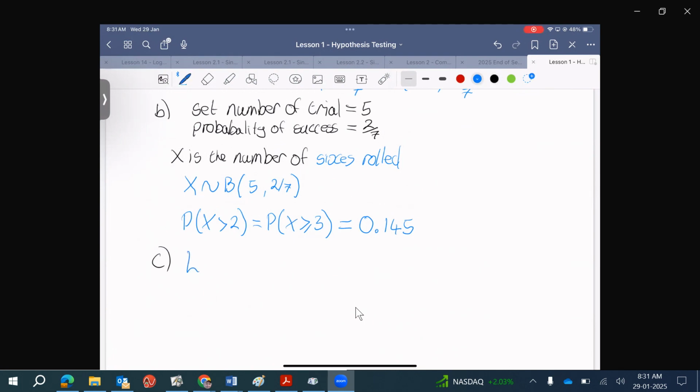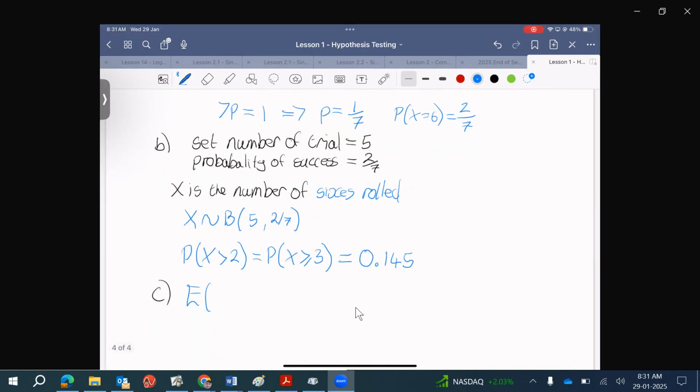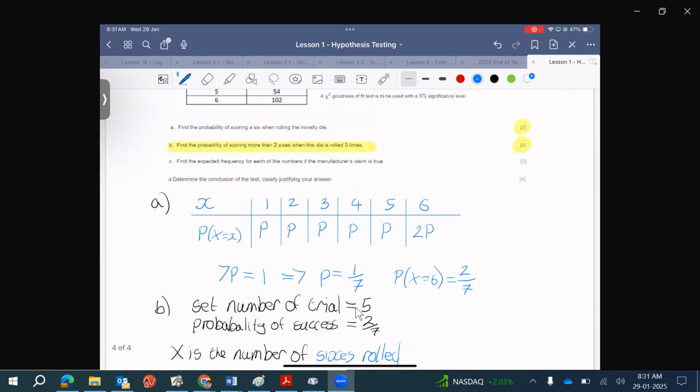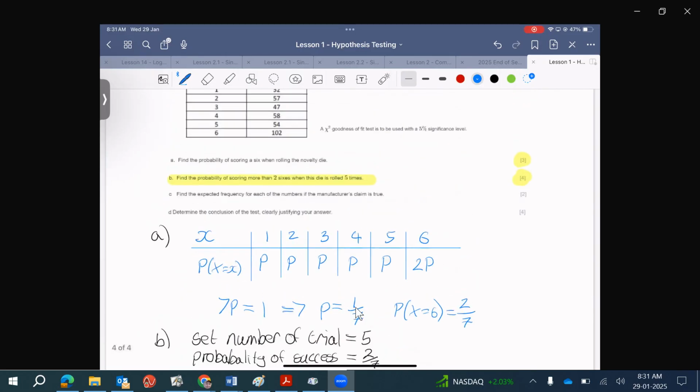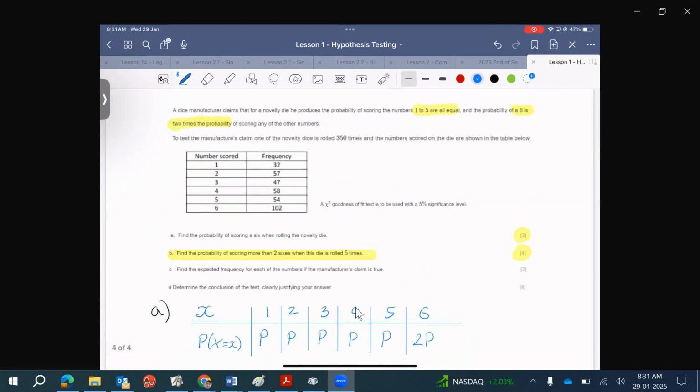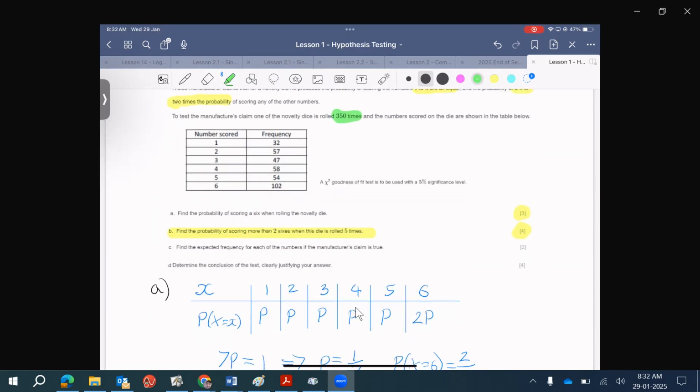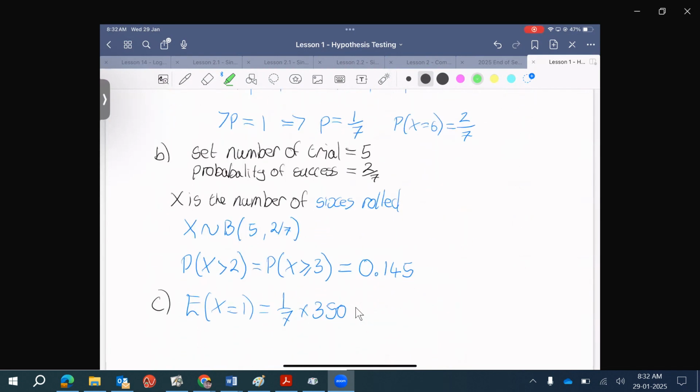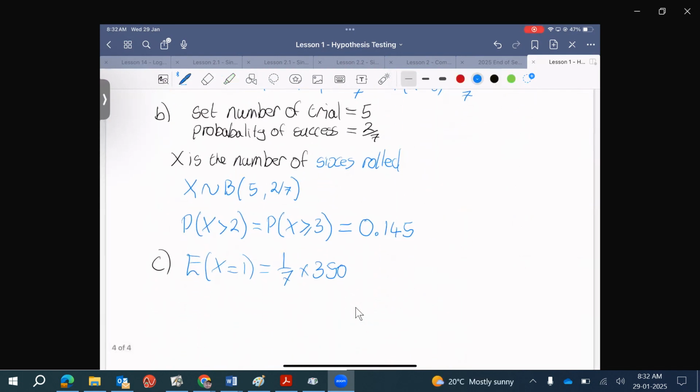The expectation. I called that one X as well, didn't I? Oops. The expectation that X equals 1 is equal to 1 over 7 times 350. So the expectation is the probability multiplied by the number of trials. So he did 350 rolls. If his claim is true, then 350 times p should give us this number, and that is going to be 50.